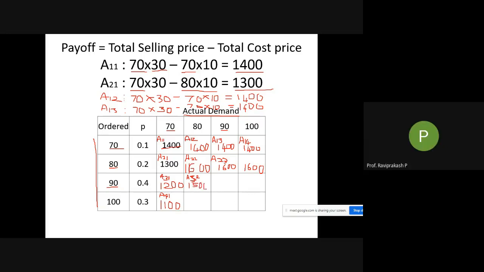Okay, the next one, A33. 1800. How? 90 into 30 minus 90 into 10, because demand is 90 and ordered is also 90. Correct. Then how about A34?